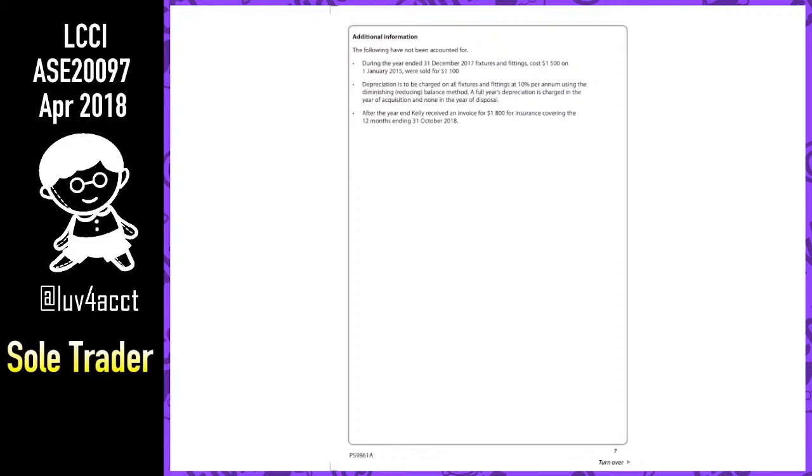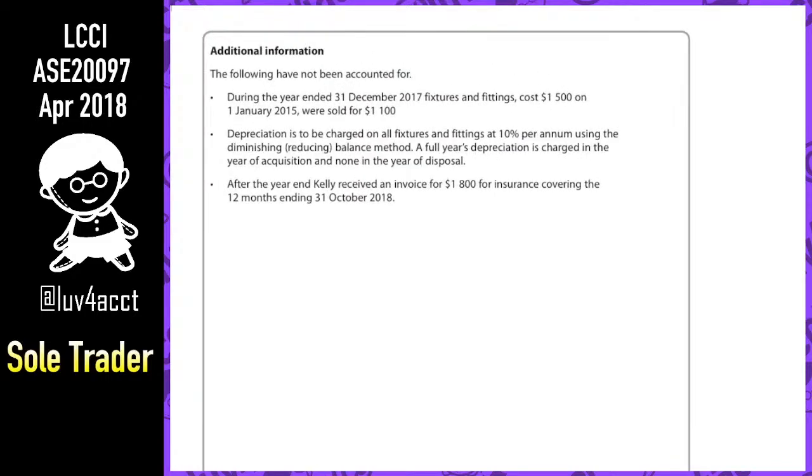During the year, we have fixtures and fittings sold, at cost, which were bought on 1st of January 2015. Depreciation is charged on all fixtures and fittings at 10% using the reducing balance method.